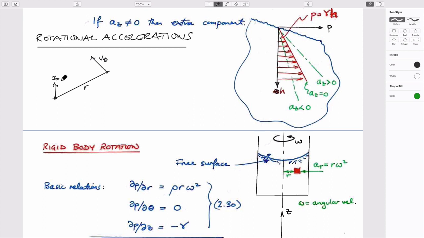So z-axis vertically, radial axis horizontal, radially outwards, and a tangential axis theta. So this is the r-axis, this is the z-axis, and this is the theta axis.